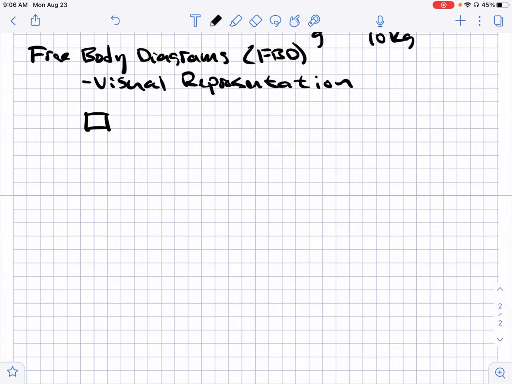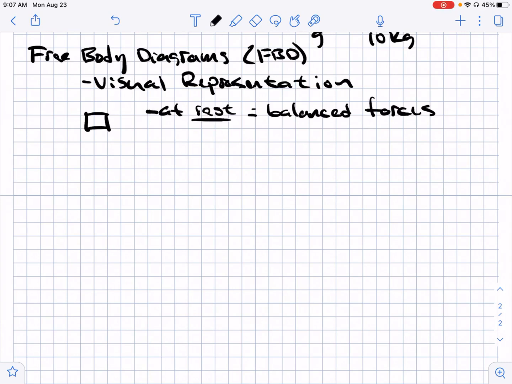It's at rest. And if you remember, we said if an object is at rest, it has balanced forces. So if you ever see the word at rest, you usually want to underline that word.